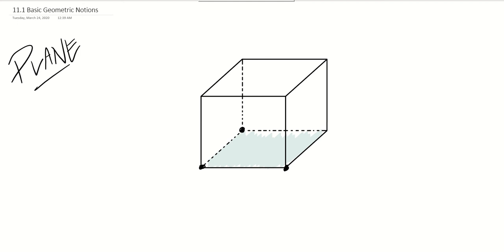These specific 3 points, let's call them A, B, and C. So I'm highlighting the plane that they're on together, and I'm actually going to extend that plane so that you can see that it continues on forever in that exact plane, in that flat surface.